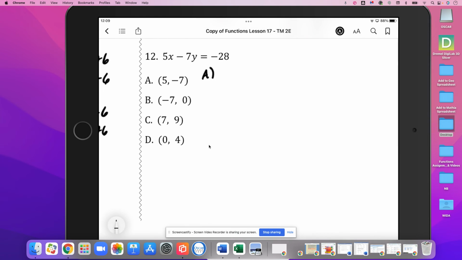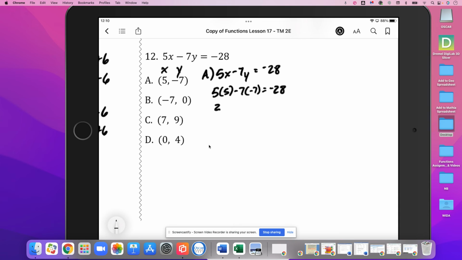So for 12, we've got 5x minus 7y equals negative 28. And so we've got our x values here, our y values there. So 5 times 5 minus 7 times negative 7 equals negative 28.